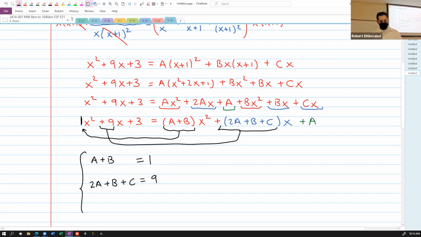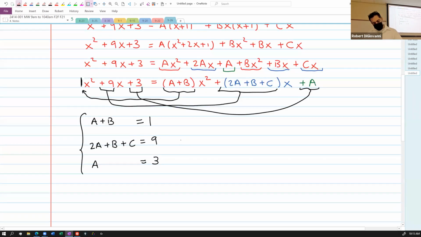And then the last equation is, oh, well, I know what A is, don't I? A is 3. So I don't know, maybe you go to your calculator now, but man, I know what A is. If I know A, I can get B here. And then I know A and B and I can get C. But let's just do the calculator because we're practicing. So this matrix looks like 1, 1, 0, 1, 2, 1, 1, 9, and 1, 0, 0, 3.